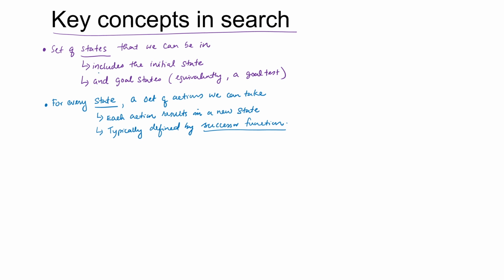So, the initial key concept is the set of states that we can be in. This includes the initial state and the goal states. Then for every state, a set of actions we can take, and each action results in a new state, and each one of them is typically defined by a successor function. And what is a successor function?